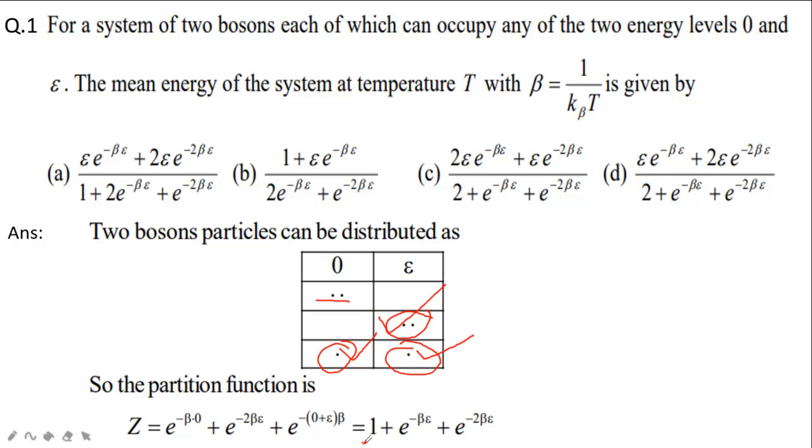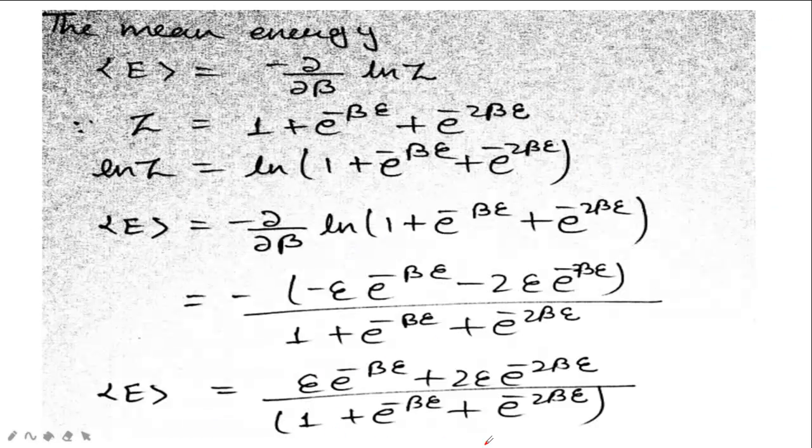So we get the partition function as Z equals 1 plus exponential minus beta epsilon plus exponential minus 2 beta epsilon. And now we will derive the expression for the mean energy. You should note down the formula. This is the formula for the mean energy if we know the partition function. Now we know the partition function, so we put the value of Z here.